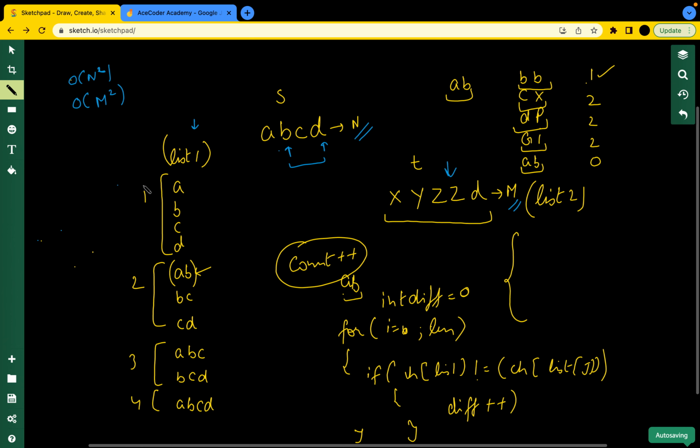Now, we have to iterate over all the elements of list 1, so it will be roughly O of n square multiplied by, since we will be checking for each element in list 2 as well, O of m square. O of n square multiplied by O of m square.